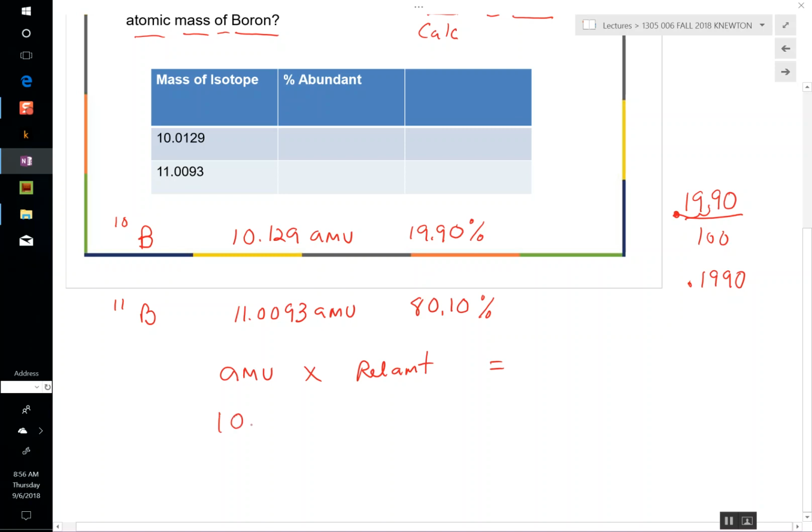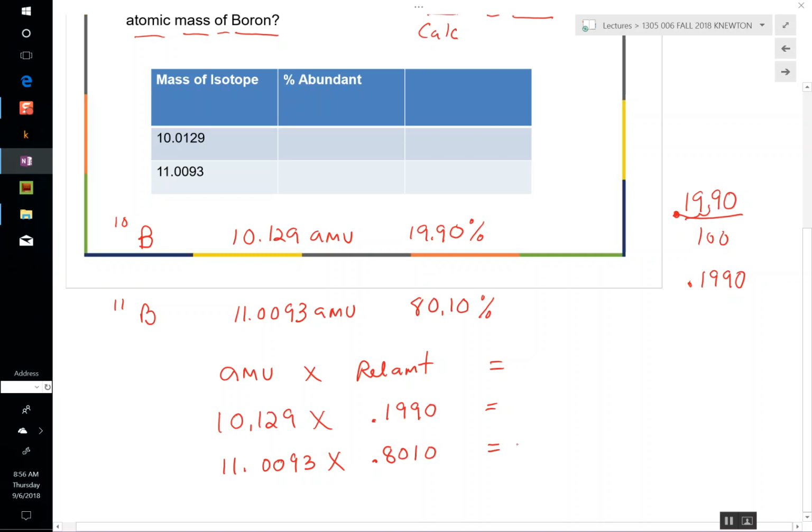So I'm going to take 10.129 times 0.1990. And take out your calculators, because I'm going to ask you to help me do these calculations right now. 80.10% converts into what? As a decimal. 0.8010. Okay.